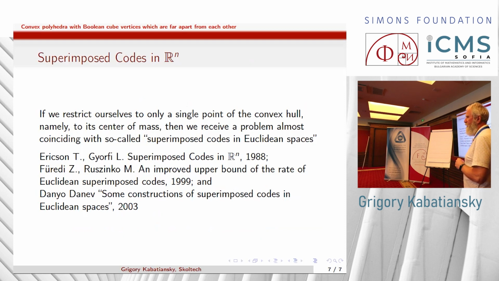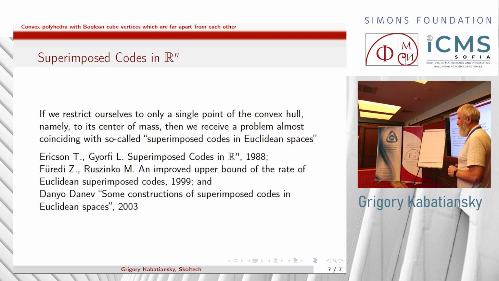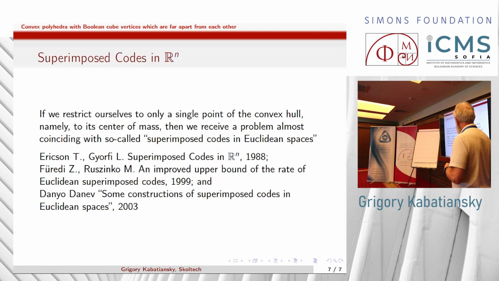By the way, what they did there, they just used a Plotkin-type bound for these sets. And Danev, as I'm Bulgarian I should mention it, worked on constructions. I don't want to talk here about constructions. I just first ask about existence of the codes.